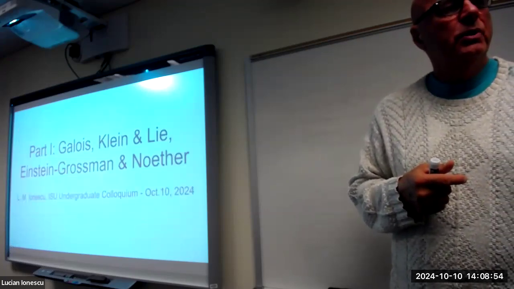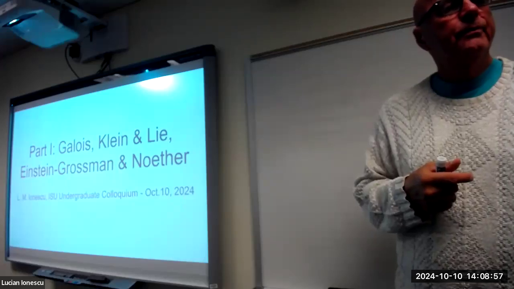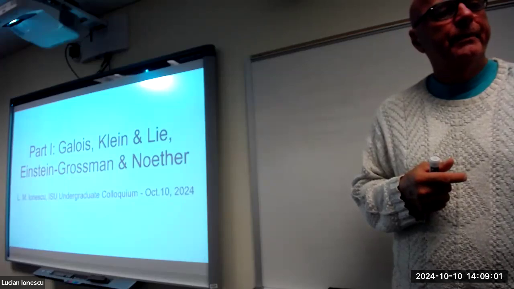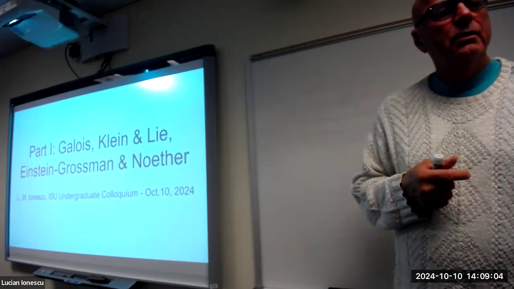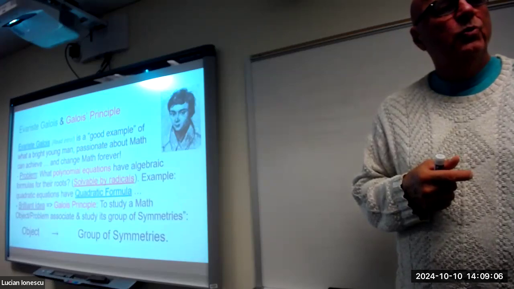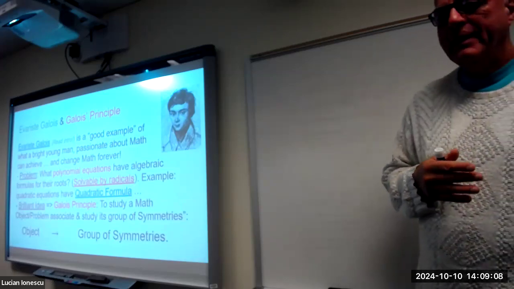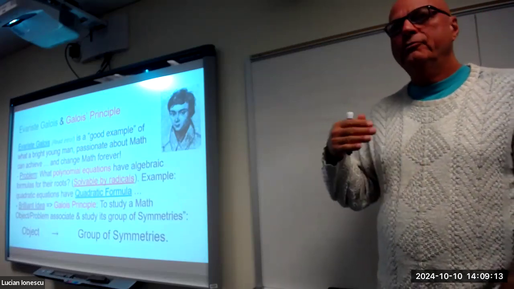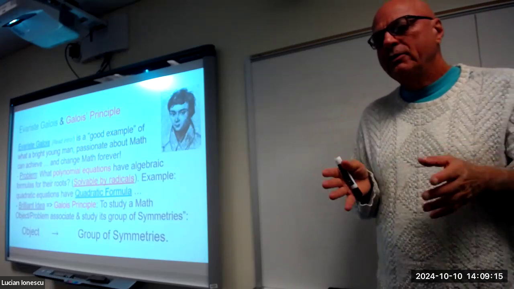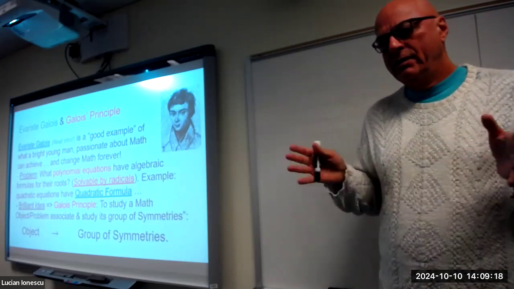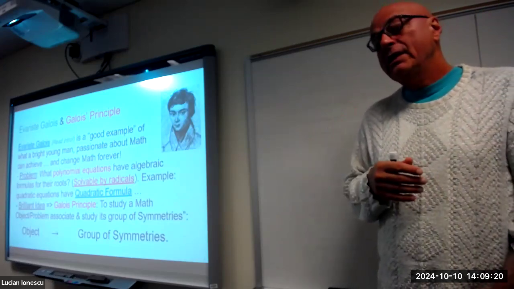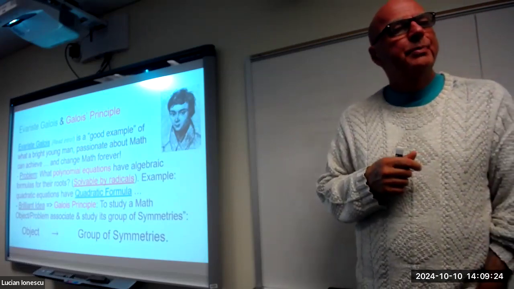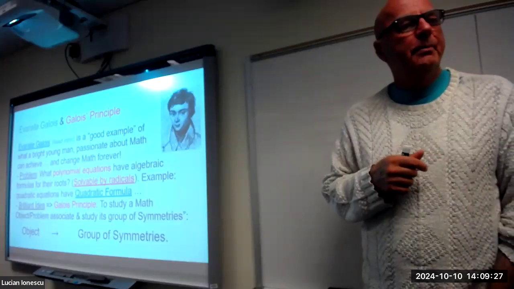So this part one will briefly go over Galois, Klein, Lie, and Noether, without too much history, but I provided a link, and in one hour, of course, I cannot do justice to all these great mathematicians and the ideas introduced. So feel free to go to Wikipedia and read a little bit about them.